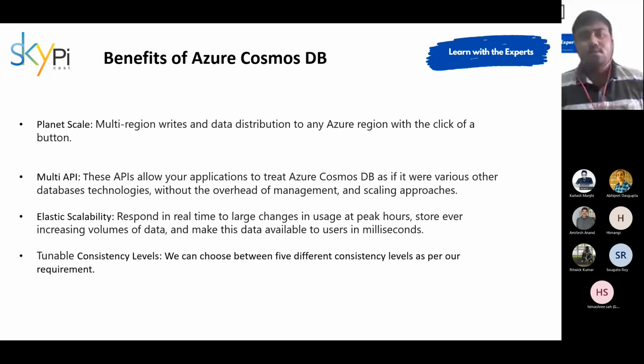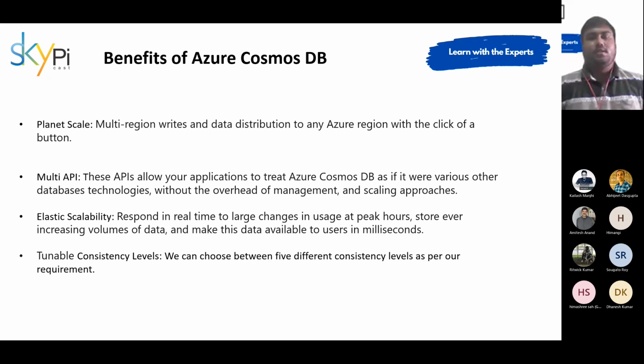Before knowing any new technology, we might want to ask what the benefits of it are. So what are the benefits of Azure Cosmos DB? Why should we be using it apart from the structured SQL database that we already have? The main difference between these two is the scalability and the consistency levels that we get in Azure Cosmos DB.